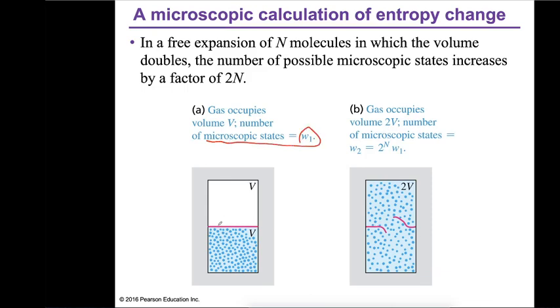If you open a door or a hole between the upper and lower space, the molecules will eventually mix into the entire 2V volume, because in this 2V volume the number of microscopic states is greater, which is W2. It equals 2 to the power n times W1. So the disorder increased, the entropy increased.